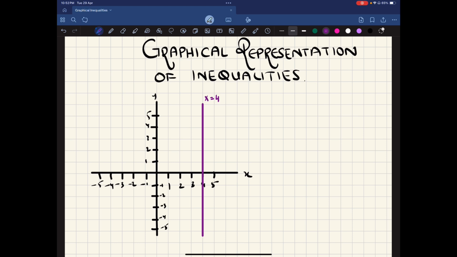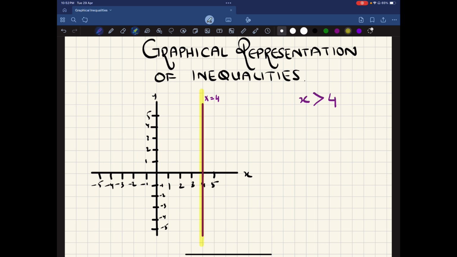Now, if we have the inequality x is greater than 4, okay, so which region represents the required region on our graph? Okay, so this is the line x is equal to 4.